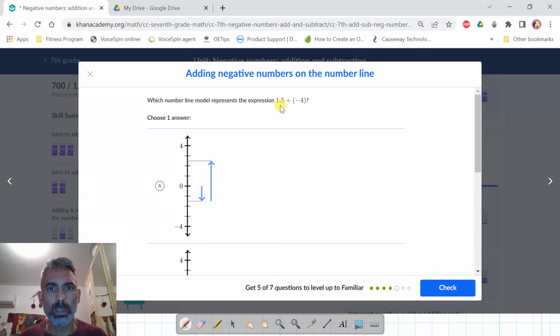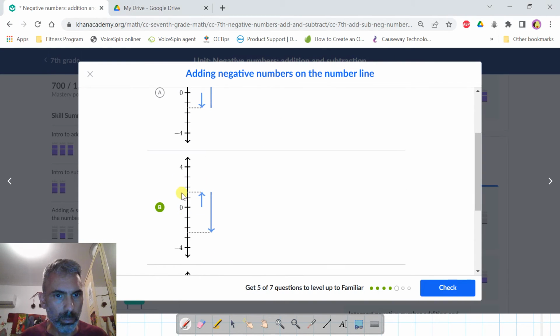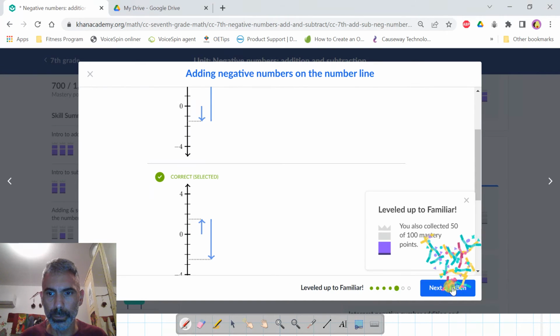So here the difference is 2.5, and the result will be negative because minus 4 is greater than 1.5. So B is the correct option, and we end up at negative 2.5.